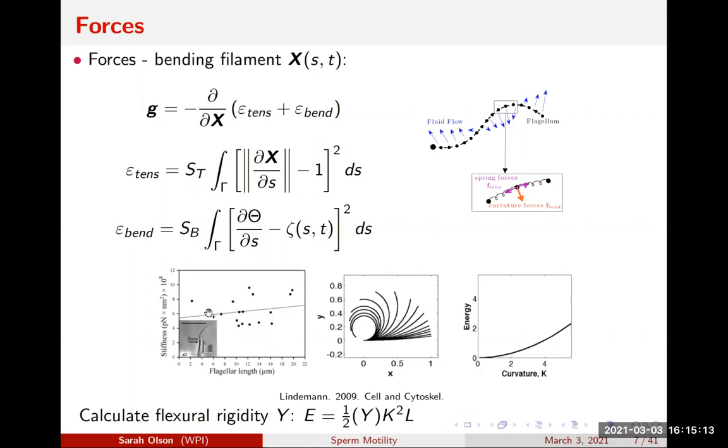If I just use some data here for a particular stiffness, we can, in our model, bend our tail to different curvatures, figure out the energy, and back out the flexural rigidity to be on the same order of magnitude as the experiment, so that our elastic tail or flagellum has the right bending properties of a real flagellum. Okay, so we have a force model, and this is an inextensibility, and I talked a bit about these stiffness parameters. Now I'm going to talk a little bit about this bending portion.